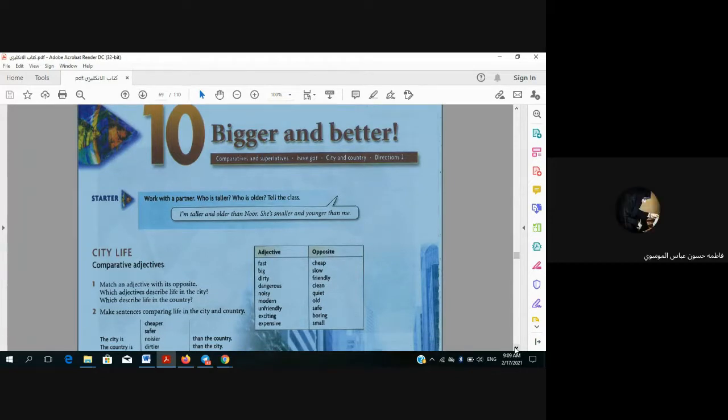What's the meaning of comparatives and superlatives? They are very easy: comparison and superlative. Yes, very good, excellent. I'm sure you have an idea about this one.